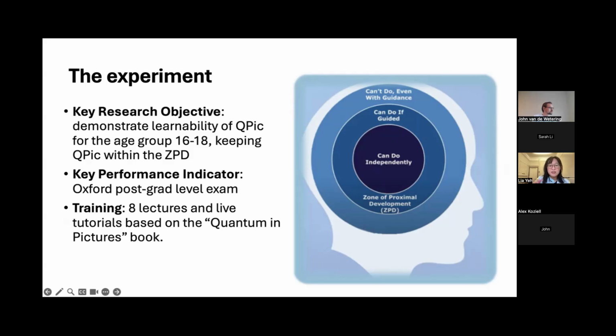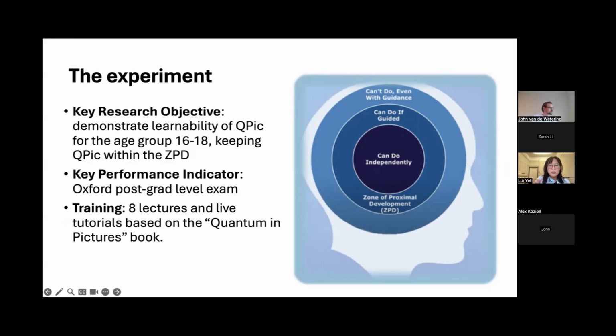The key performance indicator, how we tested this hypothesis of which quantum concepts were within this zone, was an exam at the end of the course. Of course, the whole course and the exam were entirely voluntarily done by the students.